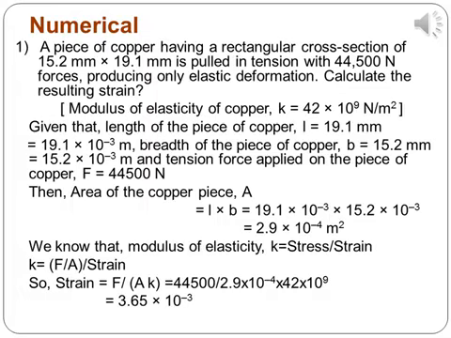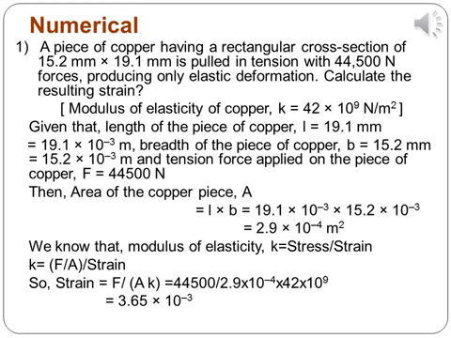Given that the length of the piece of copper L is equal to 19.1 millimeter, when converted into meter is equal to 19.1 into 10 the power of minus 3 meter, since 1 millimeter is equal to 10 the power of minus 3 meter. Breadth of the piece of copper B is equal to 15.2 millimeter is equal to 15.2 into 10 the power of minus 3 meter.